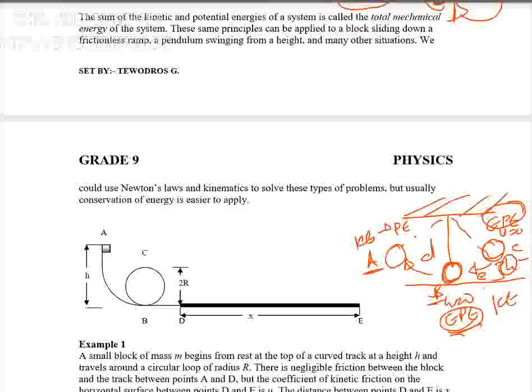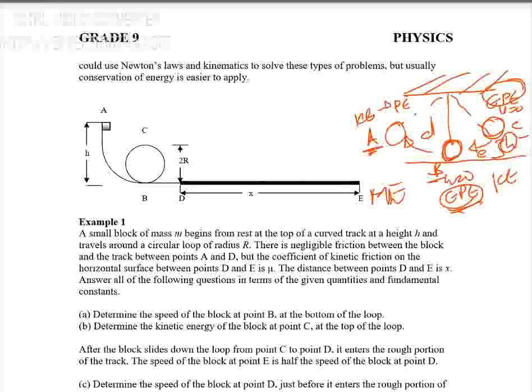That is mechanical energy. But at these 5 points, the gravitational potential energy is not equivalent, and the kinetic energy is also not equivalent. But the sum of the two, mechanical energy, at any point A, B, C, D, E is constant, or remains similar, because the sum of kinetic energy and potential energy is unchanged.